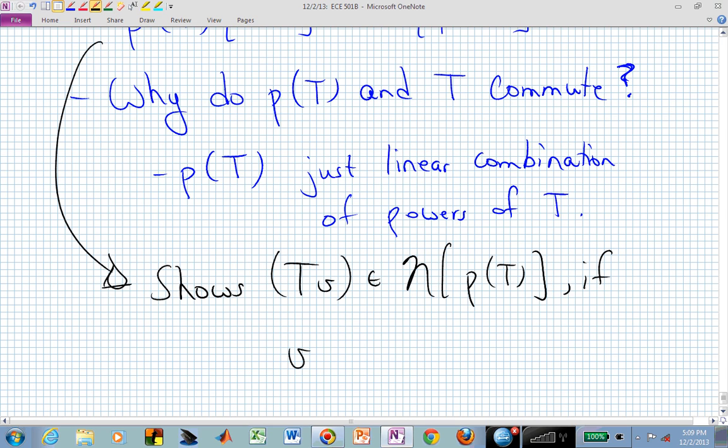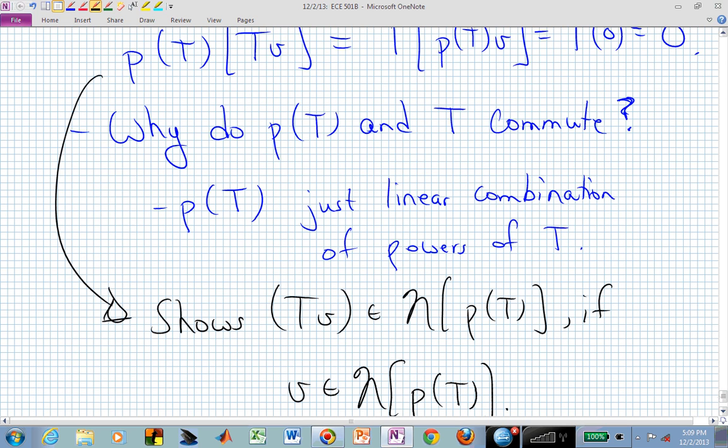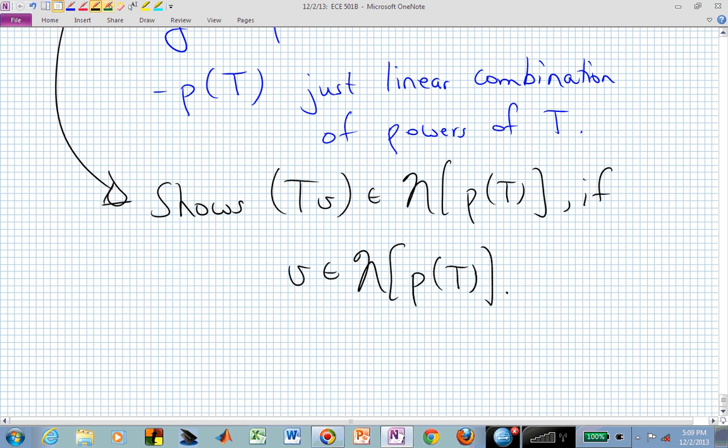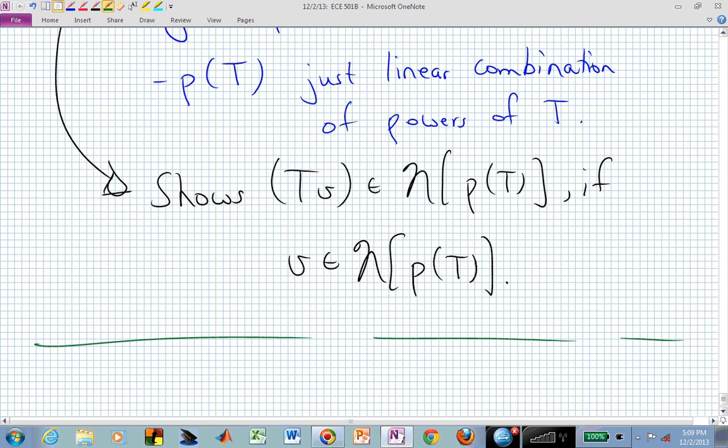So T of V belongs to the null space of P of T if V was in the null space of P of T to begin with. And you're going, okay, well, why are we doing that? Well, that's going to lead us to this nice decomposition.